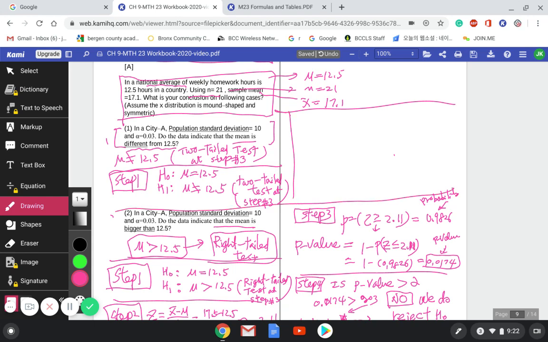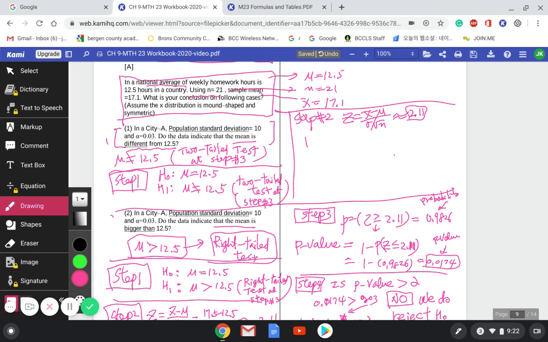Now, step 2, you have to calculate the z-value. So z-value becomes x bar minus mu over sigma divided by square root of n, and we got this as 2.11 from previous questions.